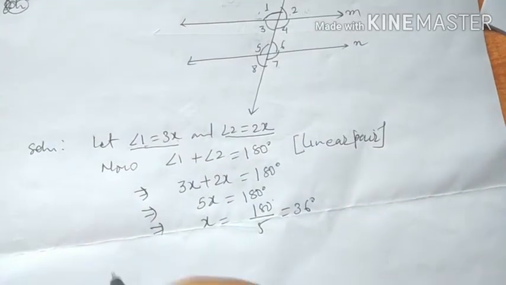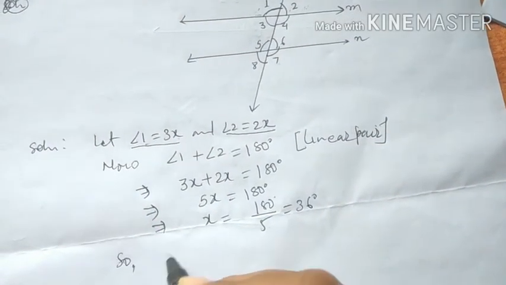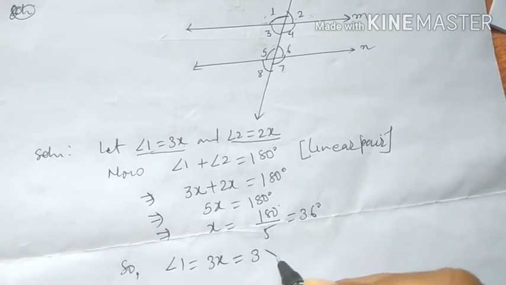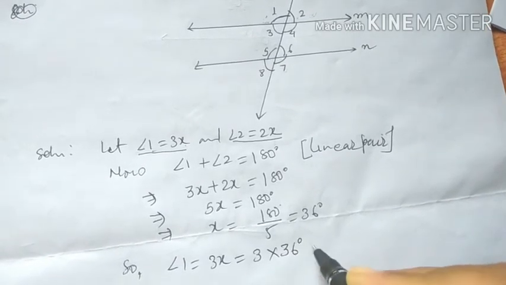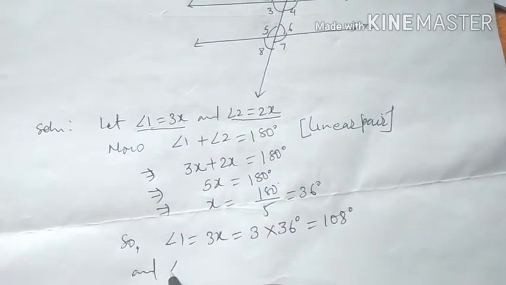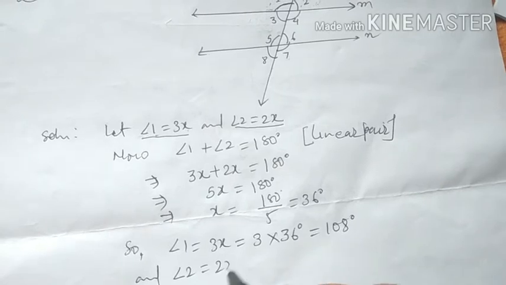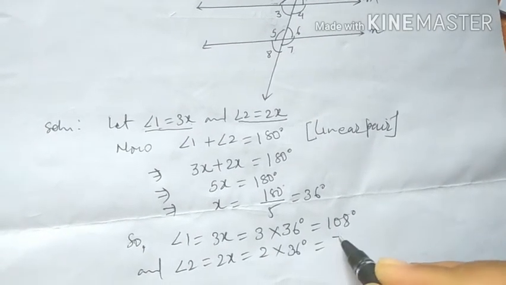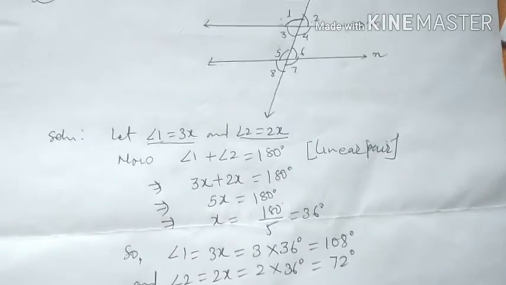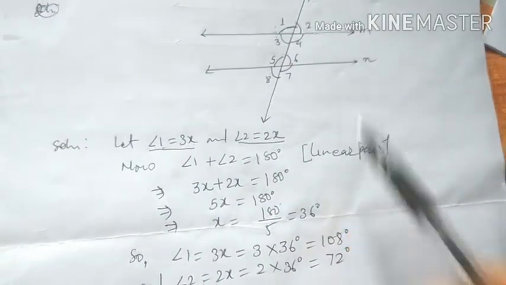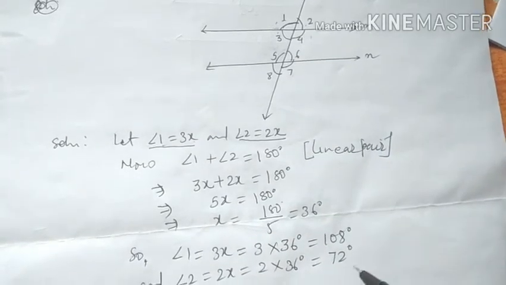Hence angle 1 equals 3x equals 3 multiplied by 36, that is 108 degrees, and angle 2 equals 2x equals 2 multiplied by 36, that is 72 degrees.